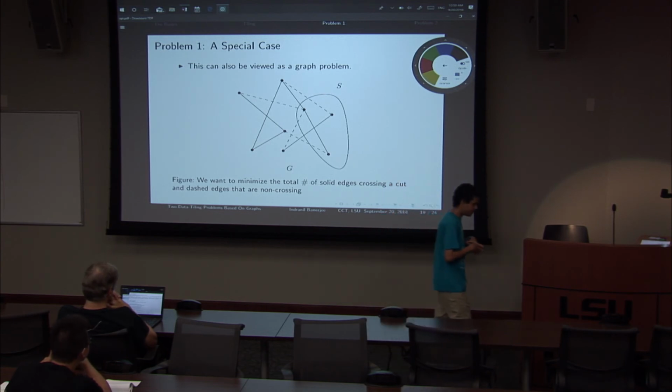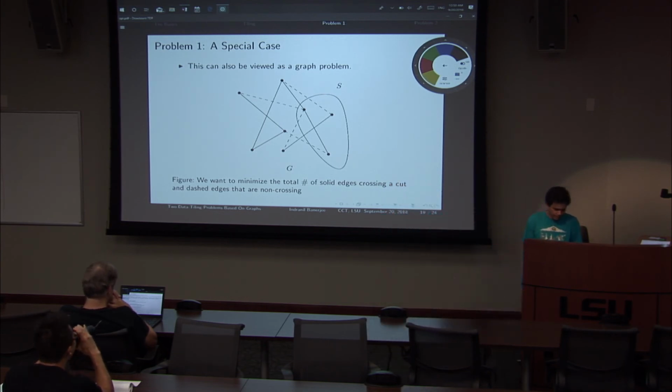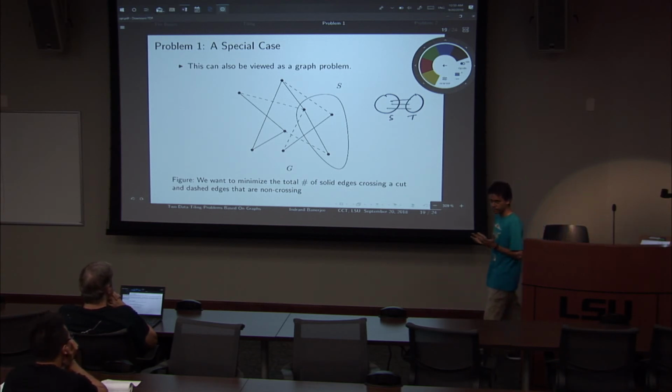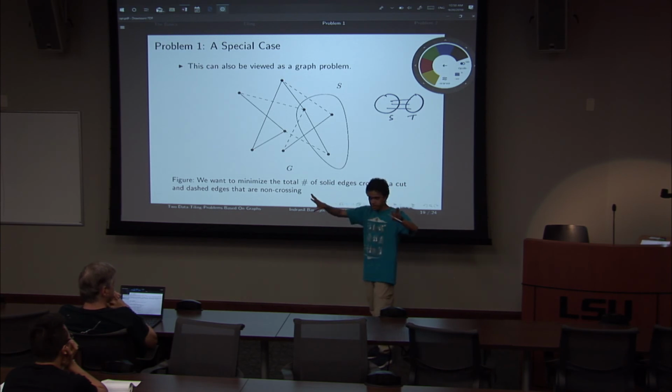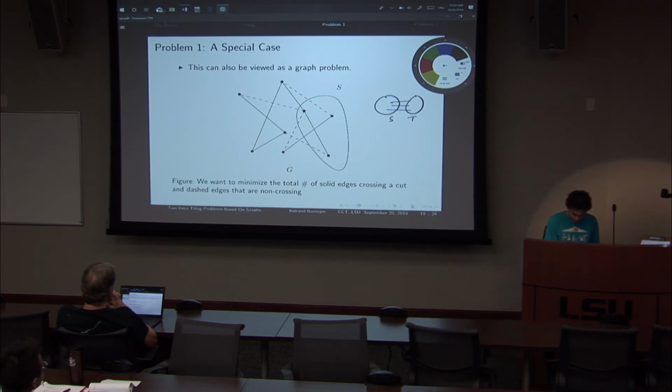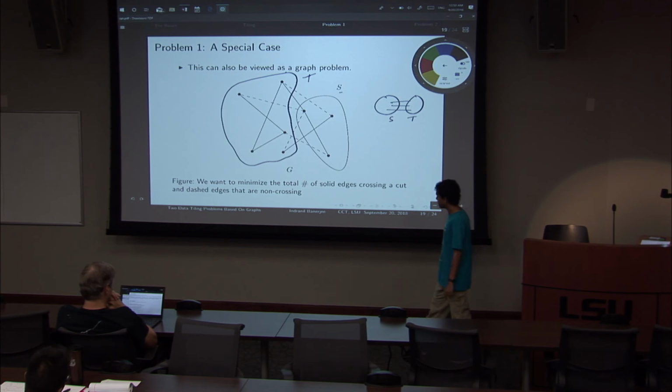A cut is, in the simple sense, just a bipartition of a graph. You take the vertices and partition them into two parts, that's a cut. So here this is S and the other one is going to be this.